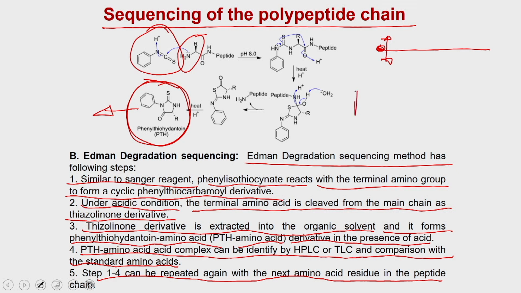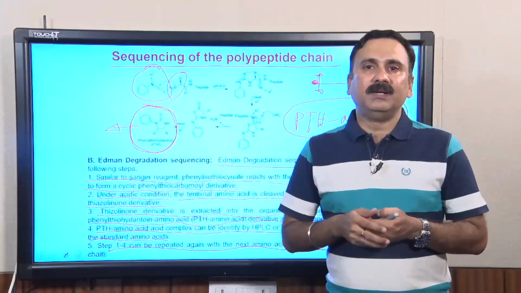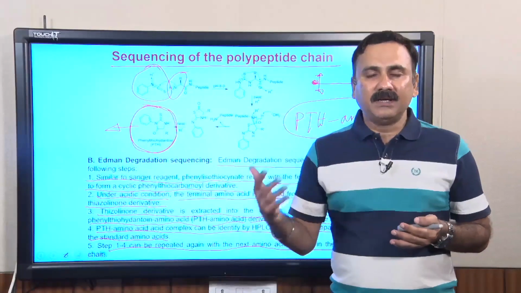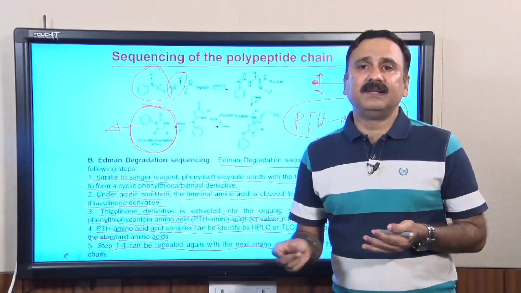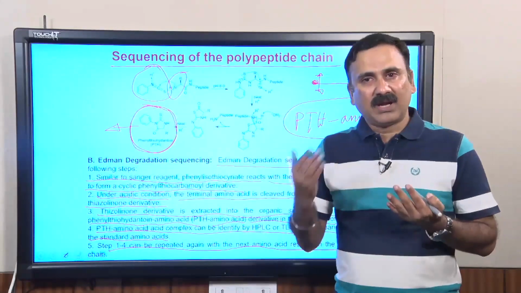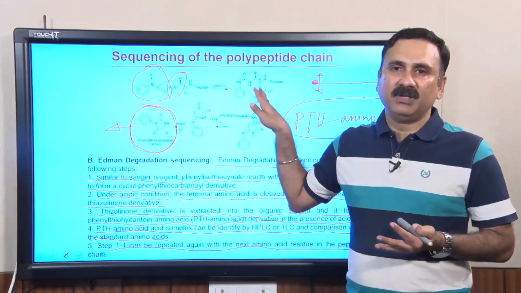Now, what you have is the PTH amino acid complex. So, what you can do is take this and run it on the HPLC, or you can spot it onto the TLC plates, and along with that you can also run the standard PTH amino acid complexes, and by comparing these two chromatograms or the TLC plates, you will be able to identify the terminal amino acid.